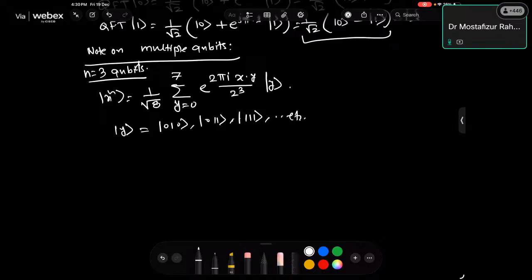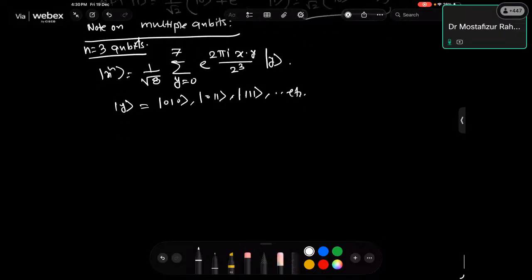Okay, so this summation typically has a binary representation. So you can also write this ket y as y1, y2 up to yn, n number of bits, as many as n qubits.